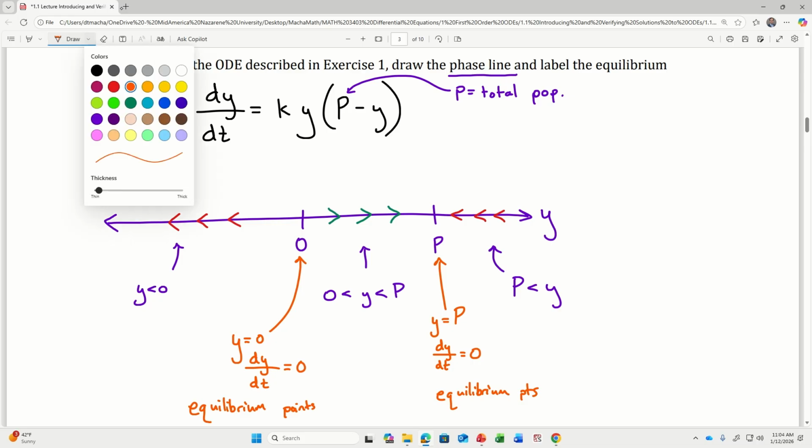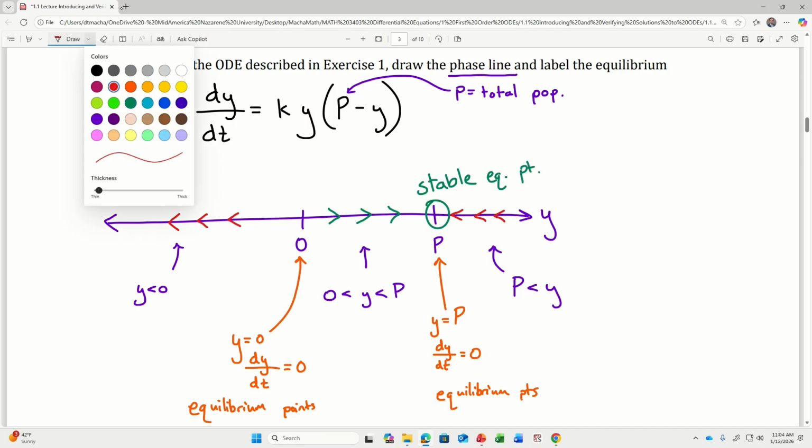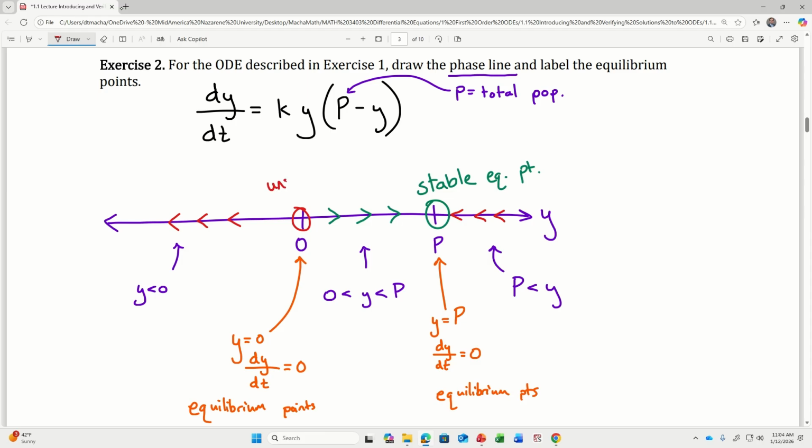We would call this one a stable equilibrium point, and we would call this one an unstable equilibrium point.